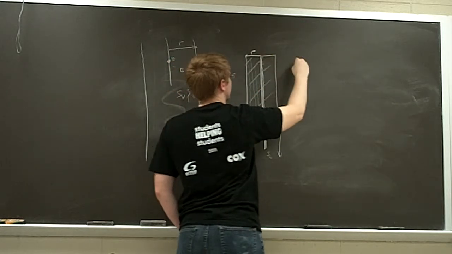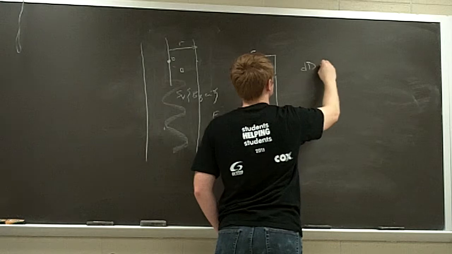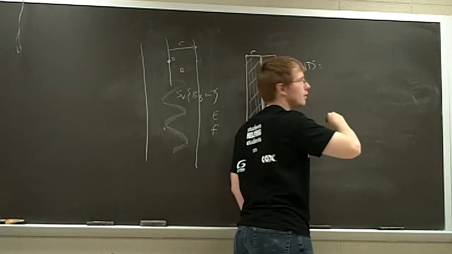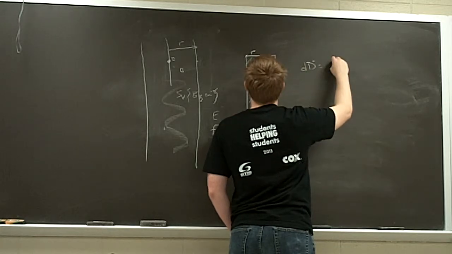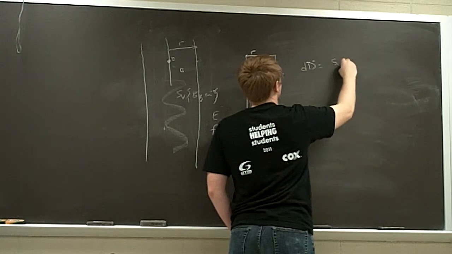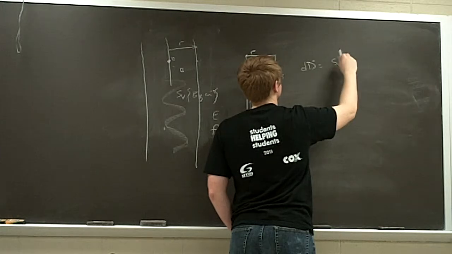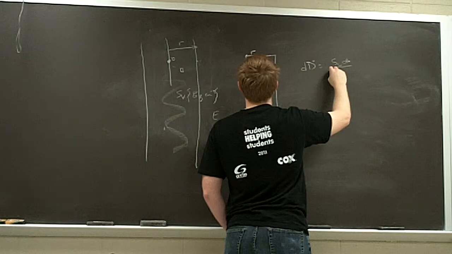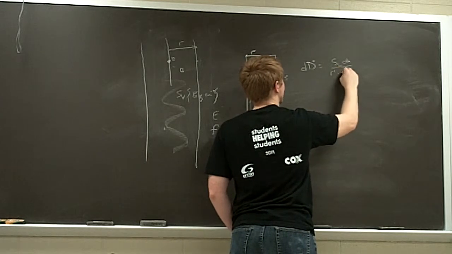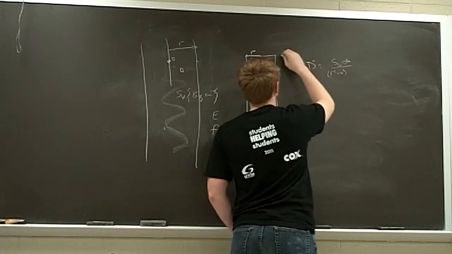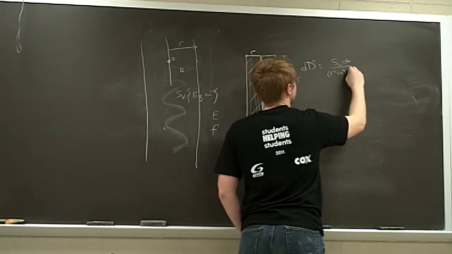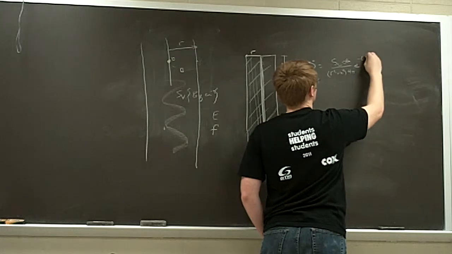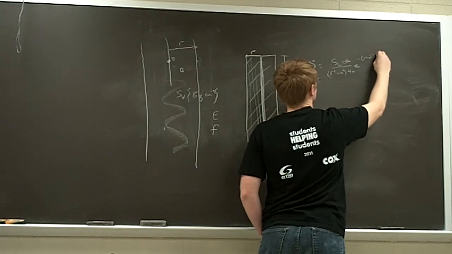So let's say from this chunk right here, our differential dose is gonna be S_L dx over (R squared plus X squared) times 4 pi, times e to the negative square root of R squared plus X squared times mu.